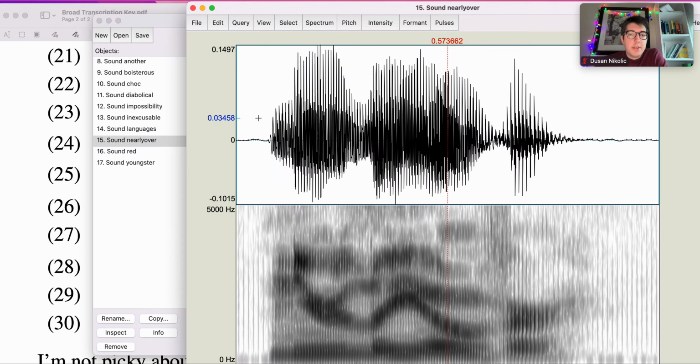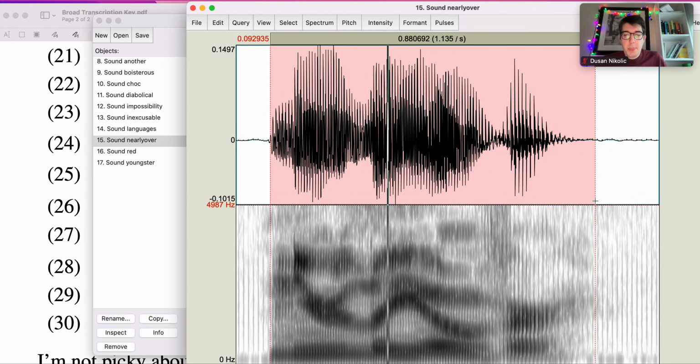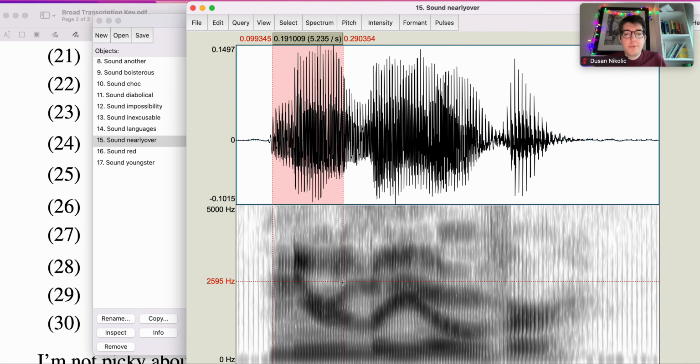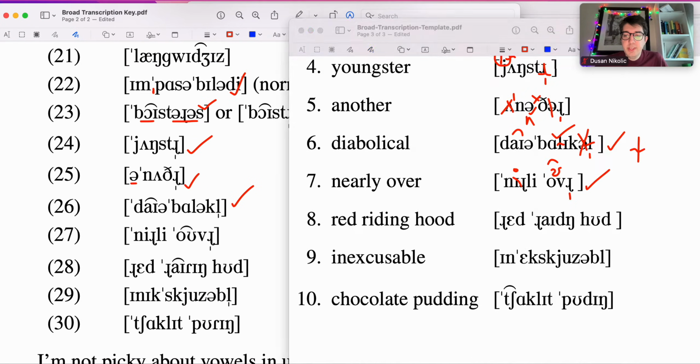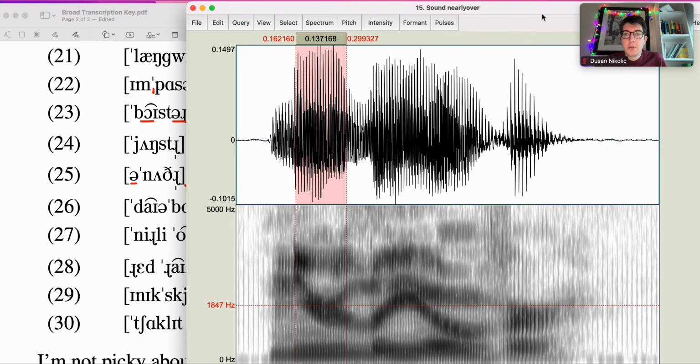Let's hear it out. Nearly. Yeah, it's quite rhoticized, right? This E, but since we have R here, there is no need for rhoticization diacritic. Okay.